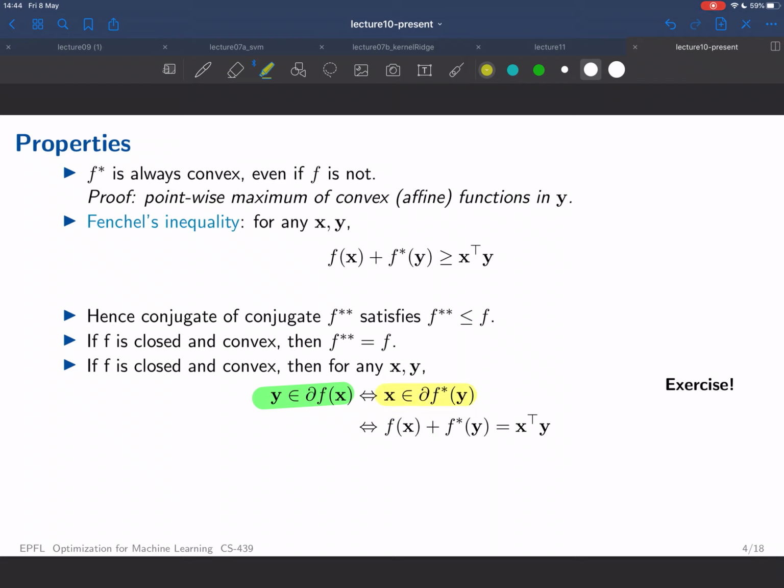This is an equivalence. This tells you a beautiful symmetry between the conjugate and its original function. And also that this will happen exactly if the Fenchel inequality is an equality.